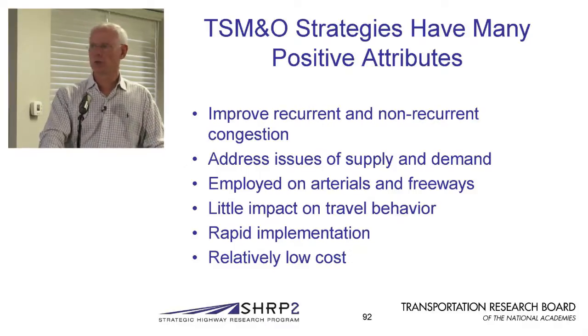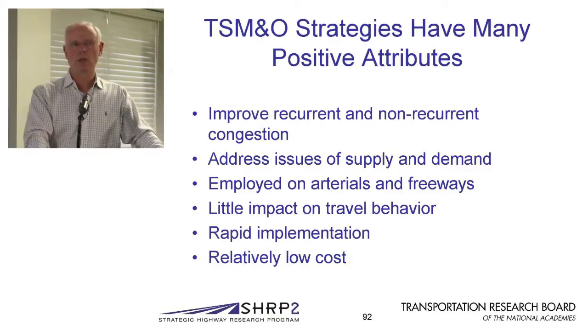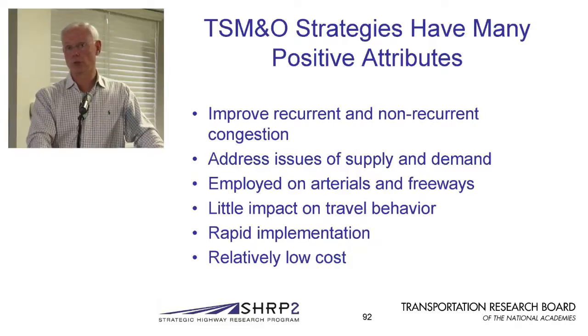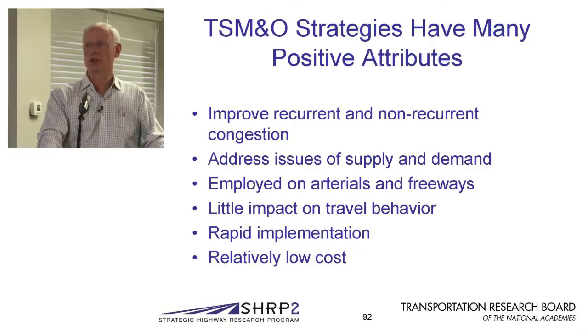There are arterial and freeway strategies. There's probably relatively little impact on travel behavior. One of the things that always comes up when you talk about building a new facility or adding capacity is this notion of induced travel demand and whether building that facility is a good or a bad thing, because ultimately it too will become congested at some point.